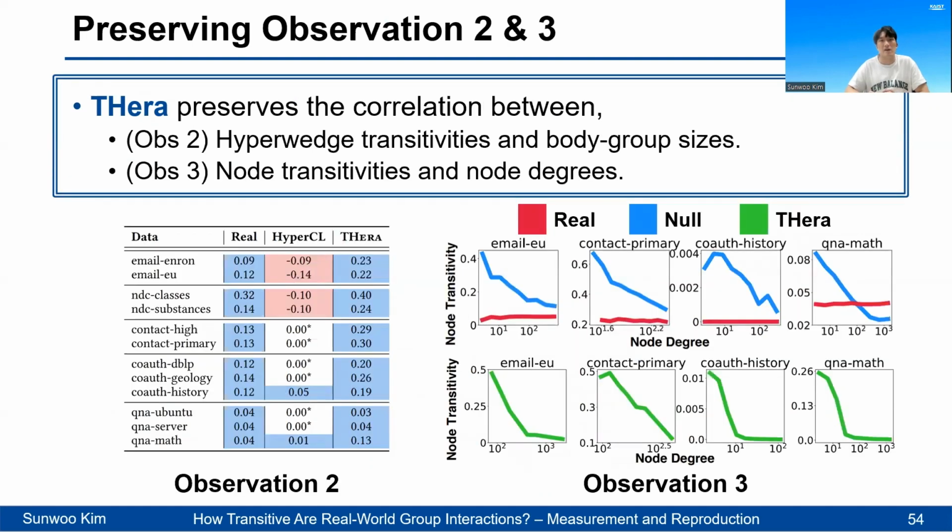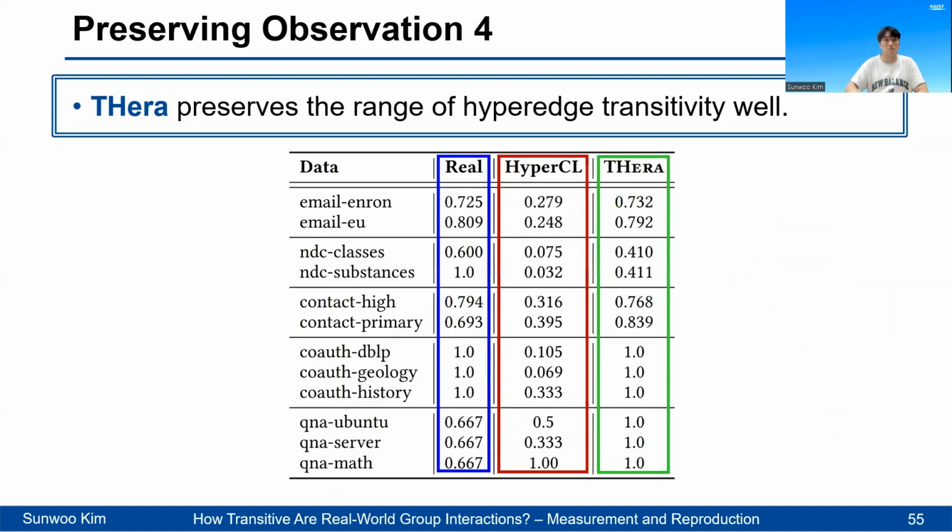Second, Thera has well preserved observation 2, the positive correlation between hyperwedge transitivities and body group sizes, and observation 3, the negative correlation between node transitivities and node degree. At last, Thera also preserves the range of hyperwedge transitivity well, as wide as that of the real-world hypergraphs.